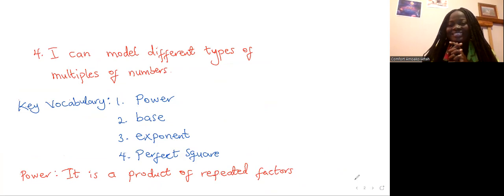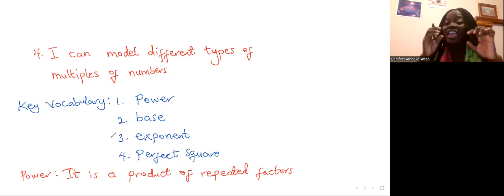Great. Now let's look at some key vocabulary. The first is power, base, exponent, and perfect square.